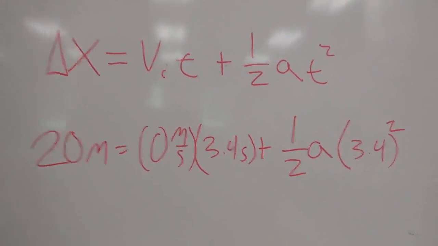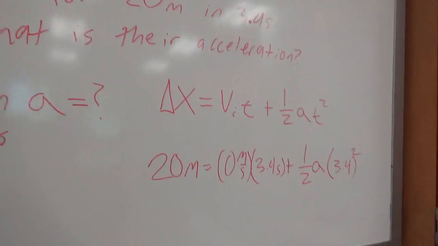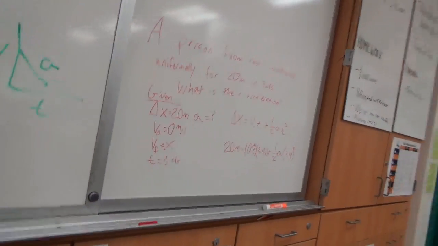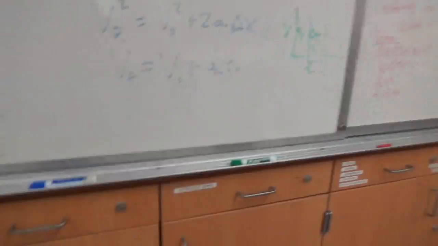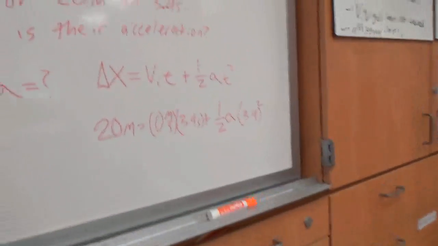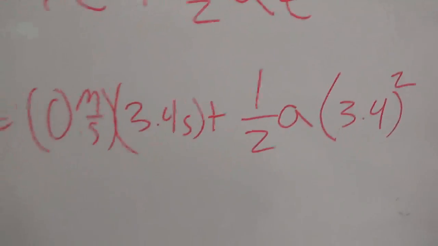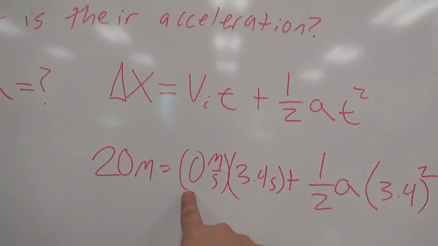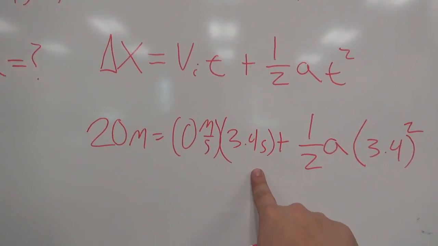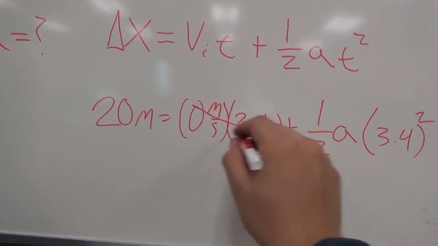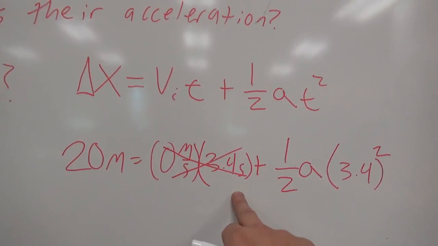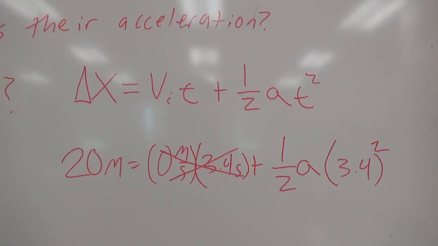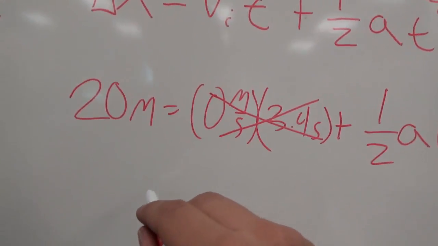Okay. Let me grab my calculator real quick. So, 0 multiplied by 3.4 is 0. So we can kind of ignore this term mostly because the 0 times 3.4 is 0. So, as I said, we can ignore that.